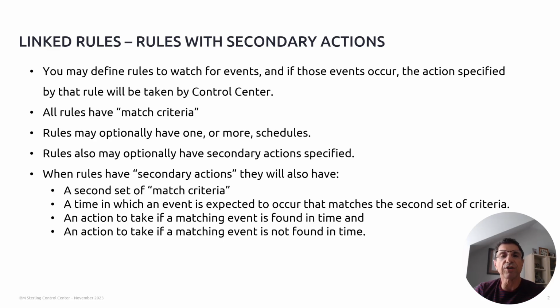All of the events generated by the system are passed through the rule service. And your rules will have match criteria and actions to take if the match criteria are met. Now, the match criteria actually specify event elements and values.